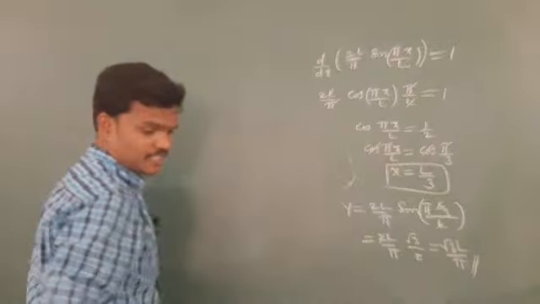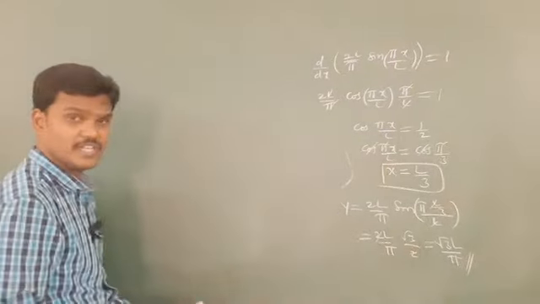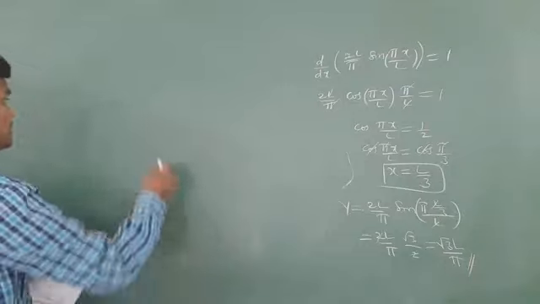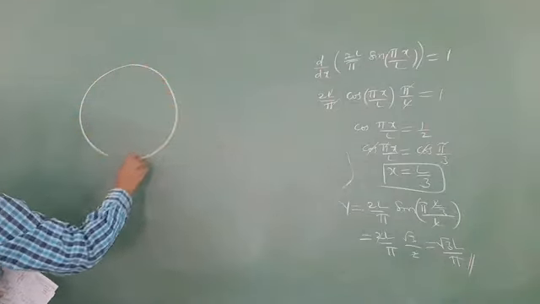Find out x comma y such that the reflected ray becomes vertical after reflection as shown in the figure.